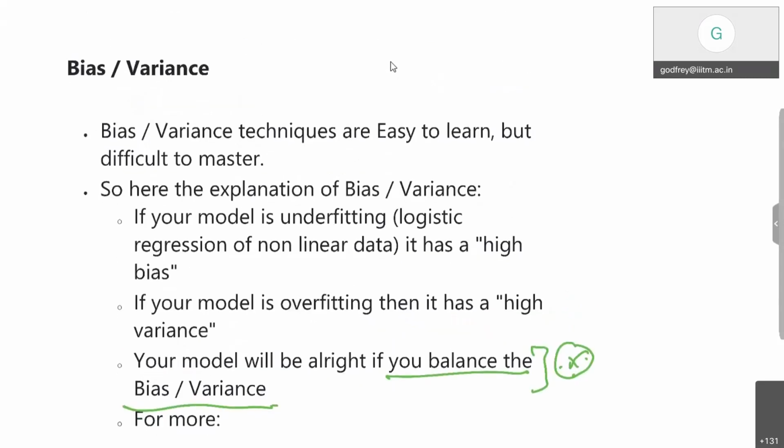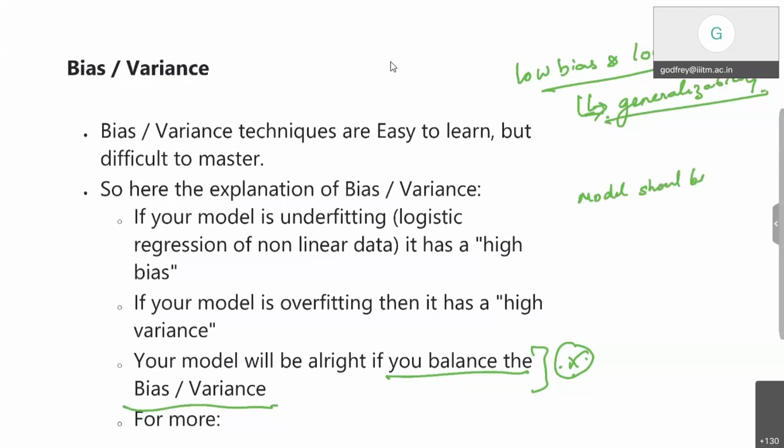It's always better to have low bias and low variance while also being able to cater to the concept of generalizability, so that your model should be generalizable.